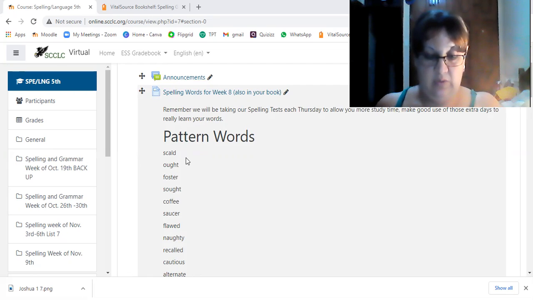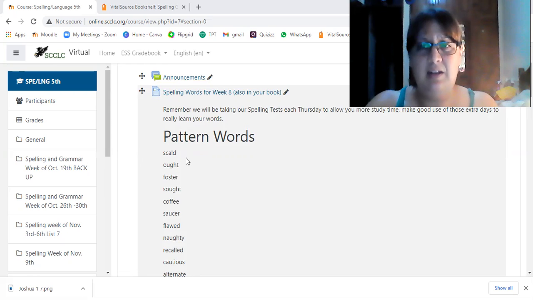Yep, the recipe directions said to scald the milk and then let it cool. I don't know what kind of recipe wants you to scald the milk and then let it cool, but that's what the word is.